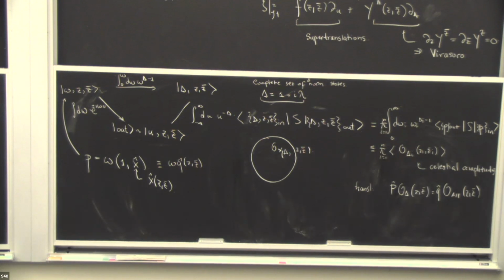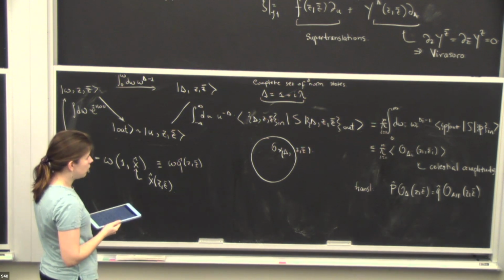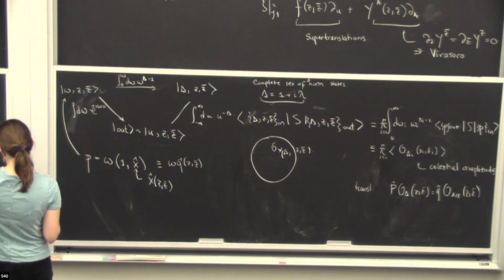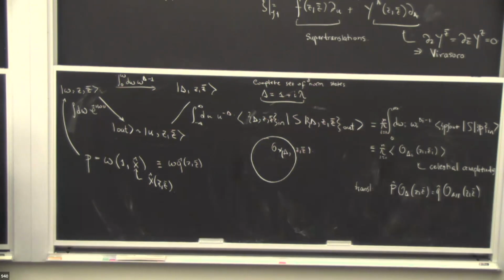But they map primaries into primaries. The translation, yes. Do you just map primaries to primaries with different dimension, or to non-primaries? They map primaries. So it's not like in a spectral flow or anything like that.